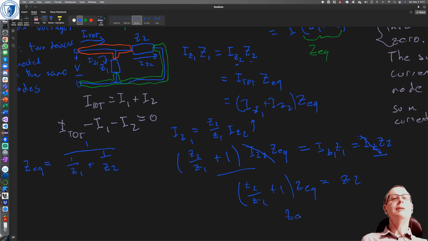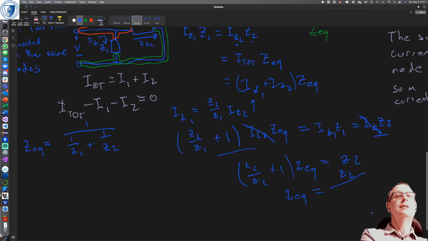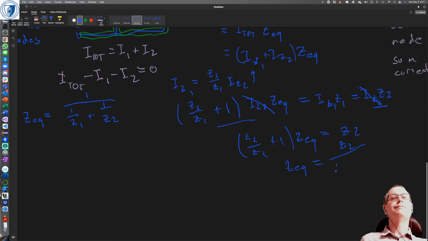Right, so Zeq equals Z2 divided by Z2 on Z1 plus 1, and now we can multiply top and bottom by Z1, right, and we get Z1 Z2 on Z2 plus Z1.